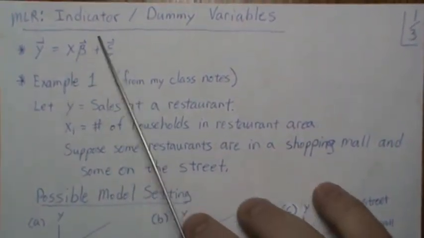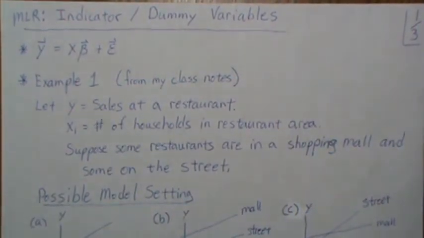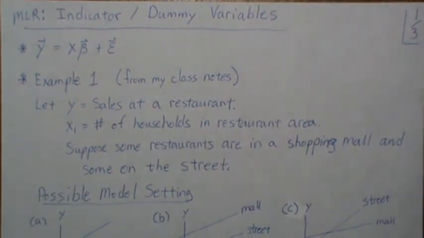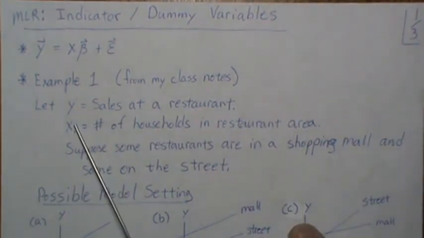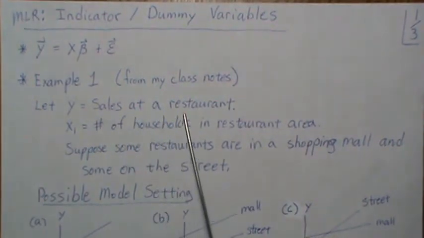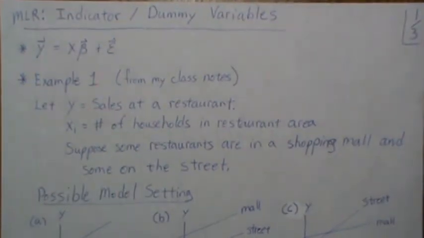And really, to illustrate indicator variables, I'm going to go through two examples. And these examples are actually from my class notes many moons ago. So let's let Y be the sales at a restaurant, how much money they make. X1 is going to be the number of households in the restaurant's area.